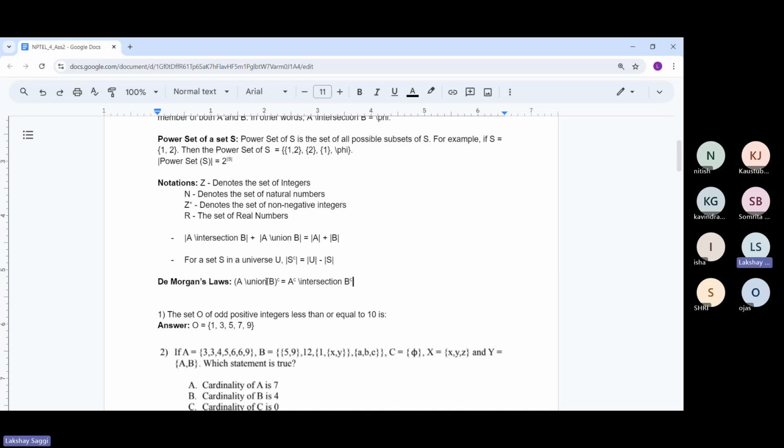If the complement goes inside, A becomes A complement, B becomes B complement, and all the unions change to intersections. The opposite is also true: all the intersections change to unions. So the other De Morgan's law is A intersection B complement; I'll copy and paste this with intersections and unions reversed.